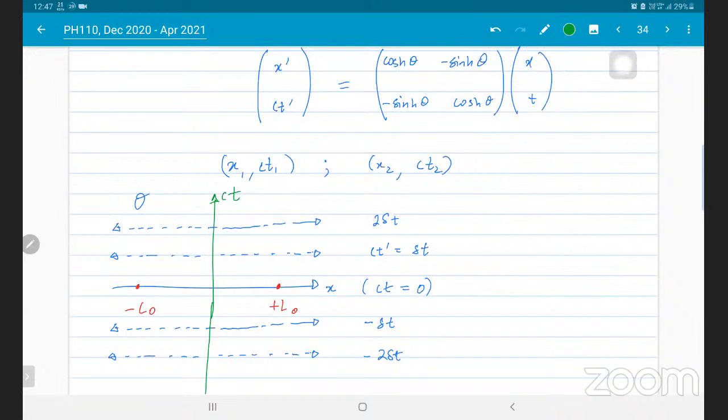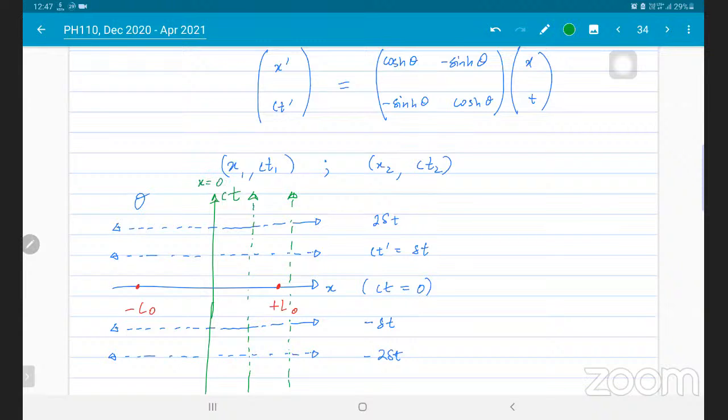Similarly, I can ask what are the surfaces of constant position, constant x? Those surfaces will be these straight lines. The first line in the center is x equal to 0.